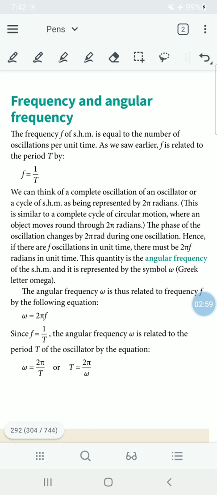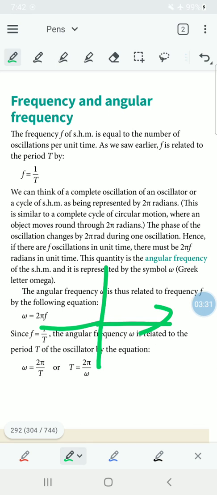So that means in one oscillation, the phase of the oscillation would change by 2 pi rad, right? So if there are f oscillations in unit time, there must be 2 pi f rad in that unit time. Basically, a single oscillation goes back and forth: it goes here, comes back, goes here and comes back.